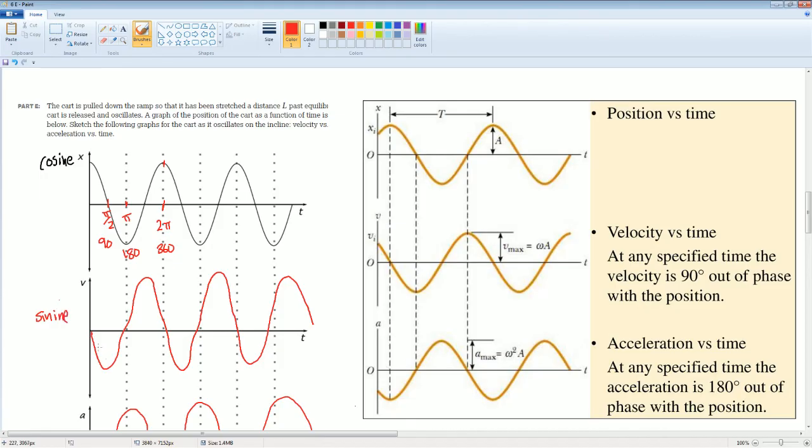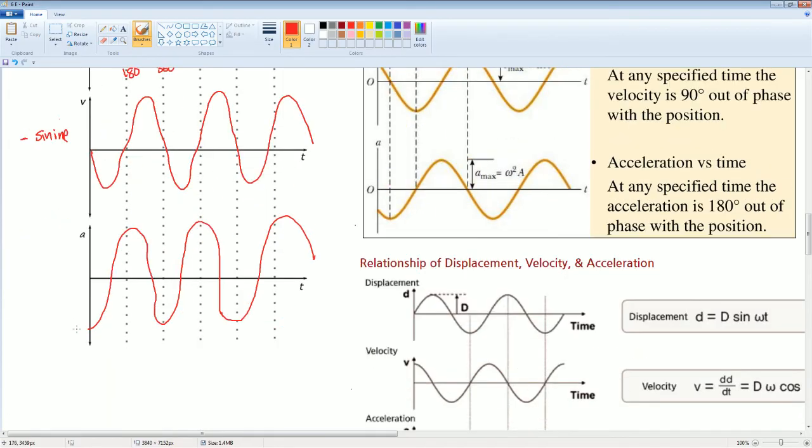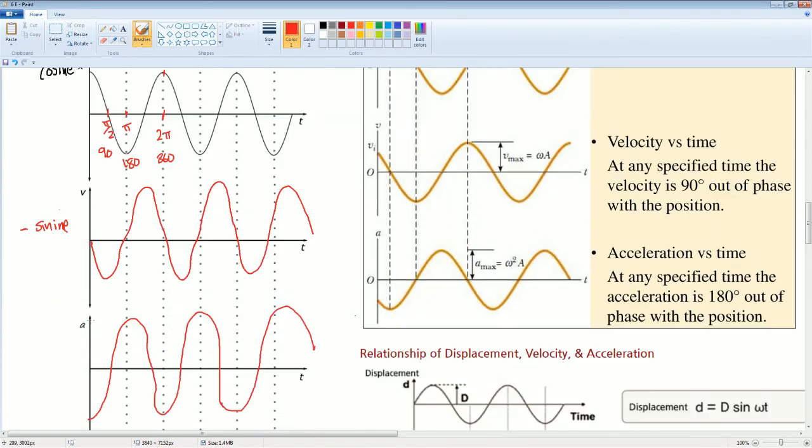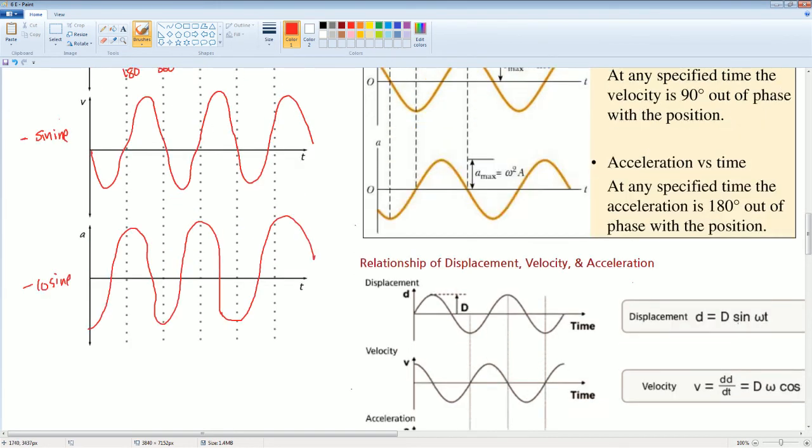You see how it's flipped. So this is going to be negative sine. Then this is going to be a cosine, but also negative. This is a negative cosine wave. That should make sense as we go over the derivatives.